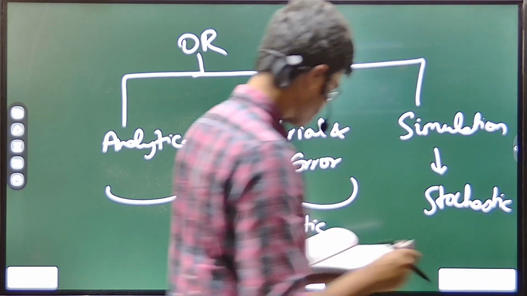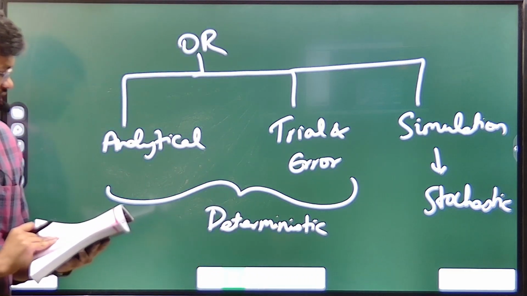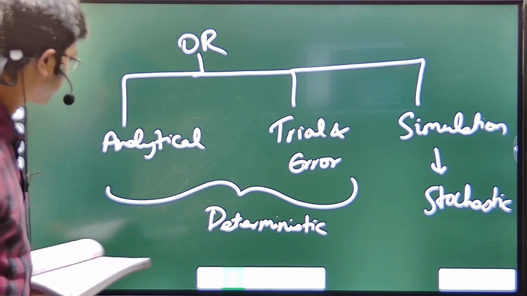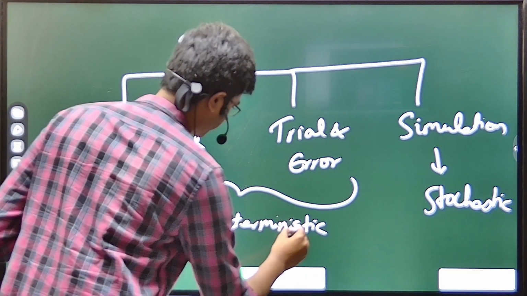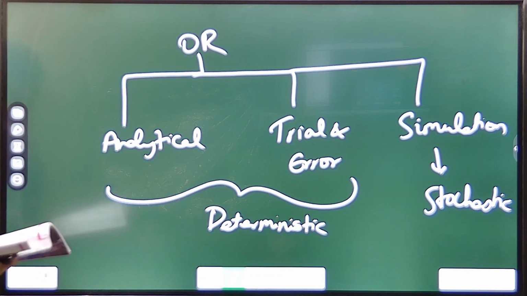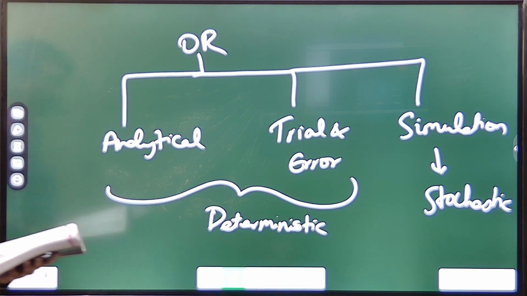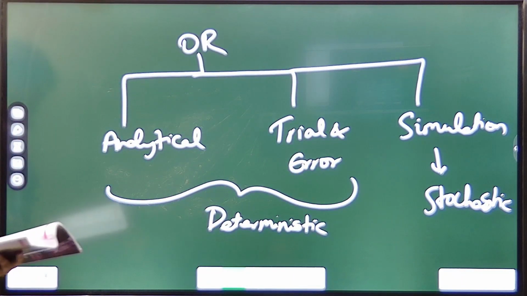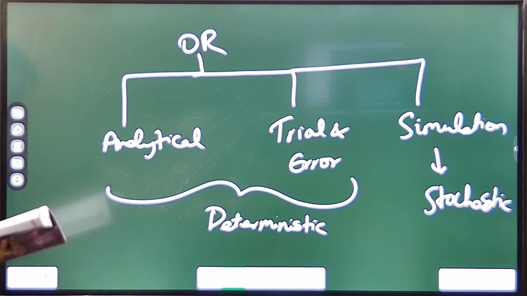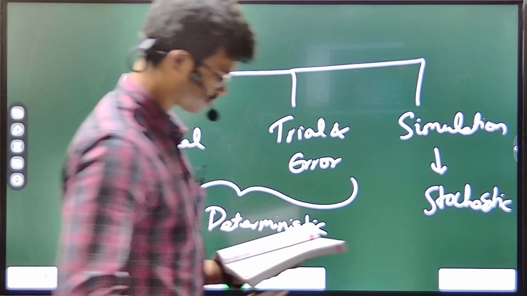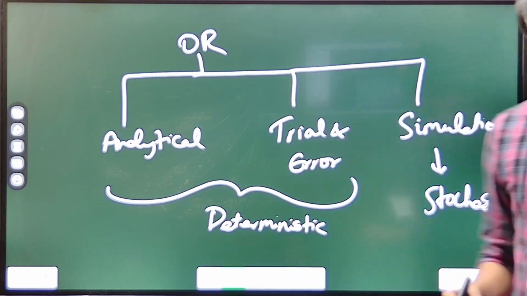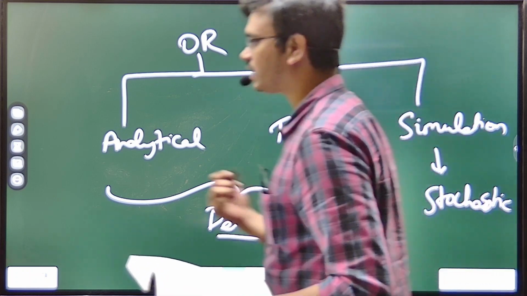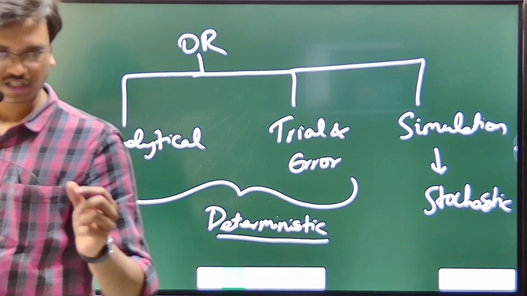Firstly, let me tell you the difference between deterministic and stochastic. What is a deterministic method? Deterministic means it is a certain event, so the happening of the event is certain.